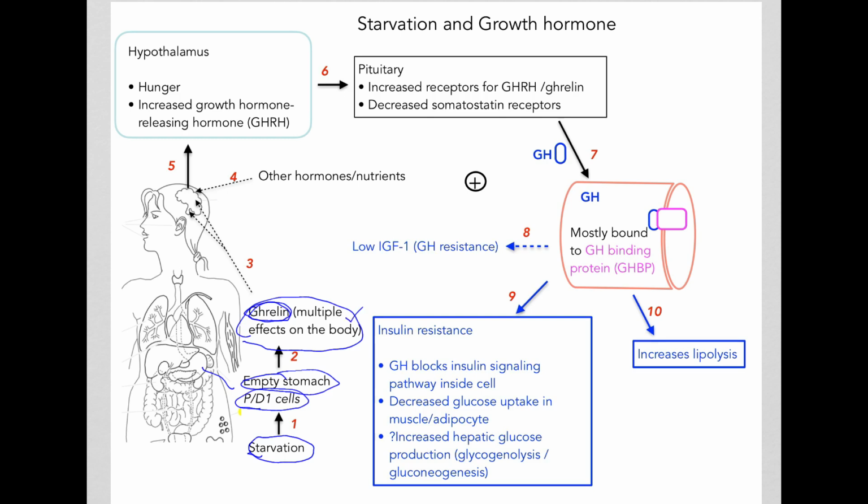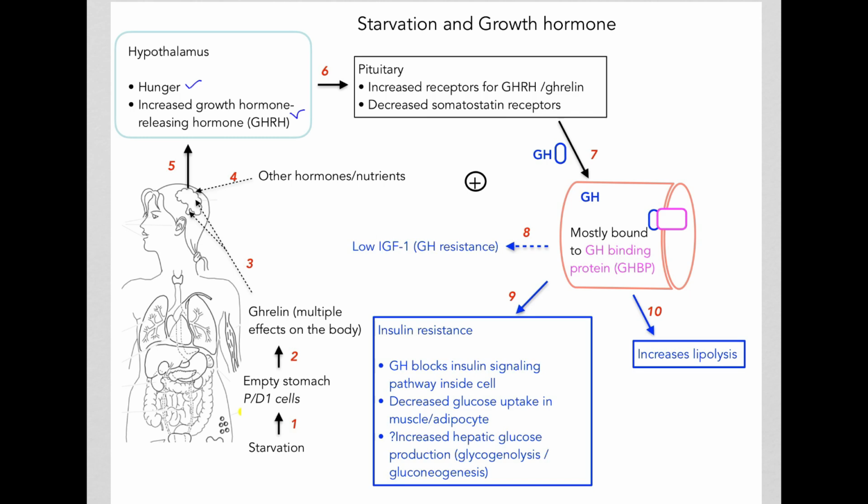Ghrelin is known to have many, many different effects on the body. One of the effects is the effects on the hypothalamus as well as the pituitary gland. Ghrelin promotes hunger as well as increases the synthesis and secretion of GHRH.